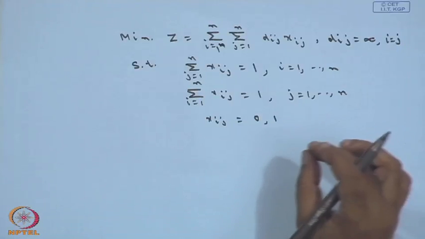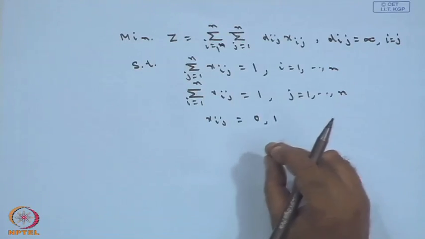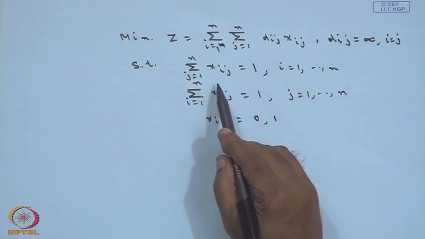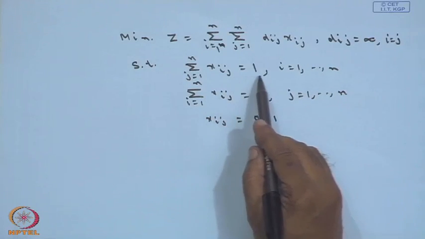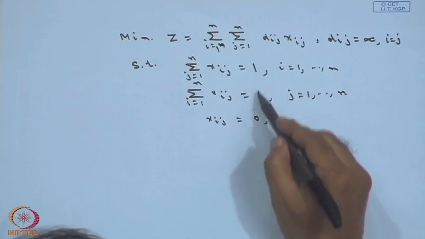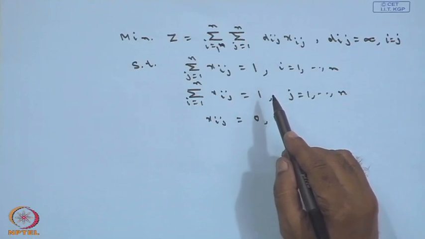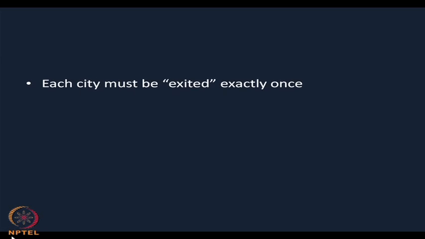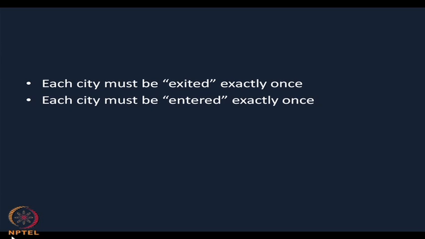We are assuming for the same i and j, that is on the same city, the distance is infinite. The next conditions are summation over j equals 1 to n, x_ij equals 1, and summation over i equals 1 to n, x_ij equals 1. These conditions come because each city has to be exited only once, and each city must be entered exactly once. So, these are the two extra conditions.